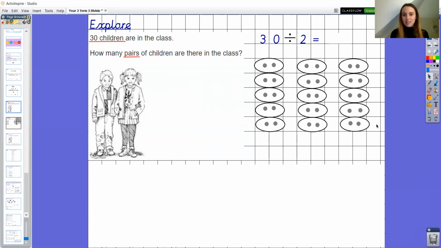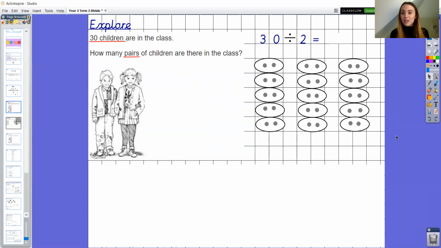Well done. Okay, so let's have a think about how many equal groups there are now. So we're going to count the groups, and to practice our mathematical vocabulary, we're going to say the word groups as well. So let's count together. 1 group, 2 groups, 3 groups, 4 groups, 5 groups, 6 groups, 7 groups, 8 groups, 9 groups, 10 groups, 11 groups, 12 groups, 13 groups, 14 groups, 15 groups.